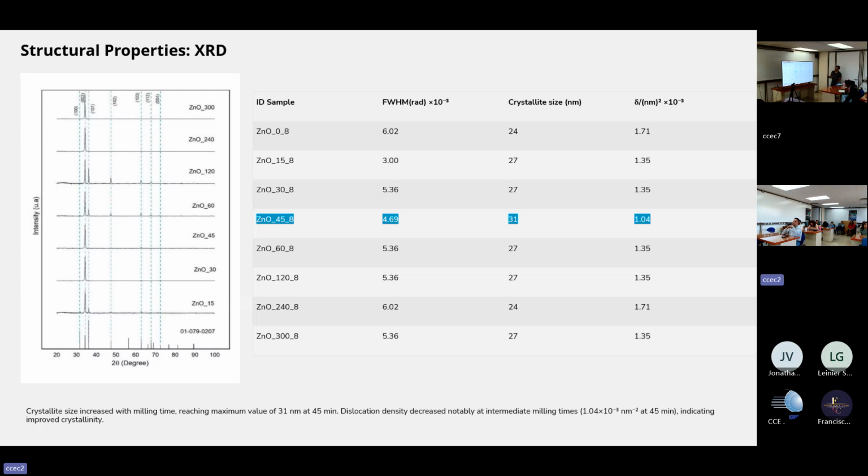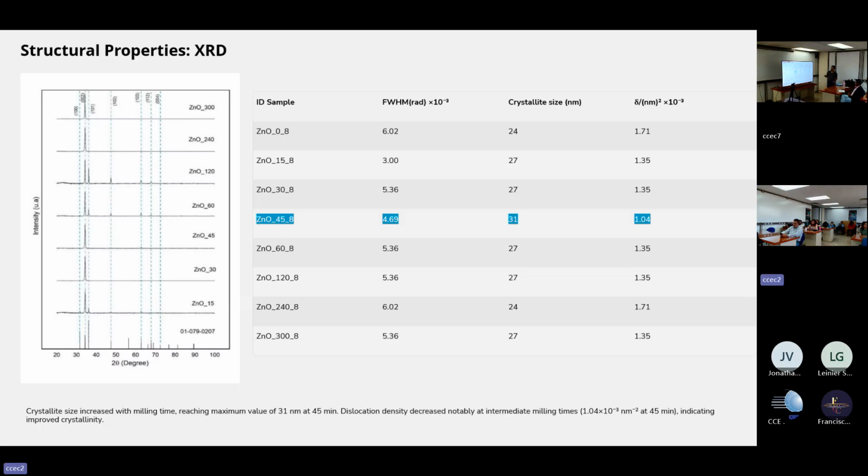The crystal size, calculated using the Scherrer equation, increased with milling time up to a maximum of 31 nanometers at 45 minutes, indicating improved precursor activity.